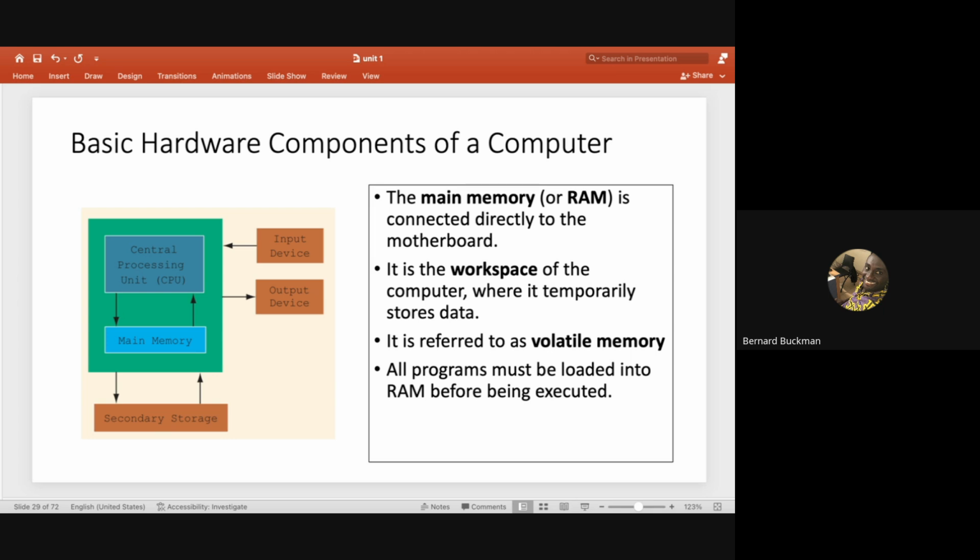When you turn on your machine, all the work that the machine is supposed to do is done in the main memory. When you switch off the machine, all of the things you are doing in main memory are lost. So we call it volatile.